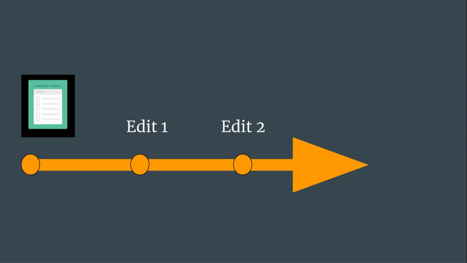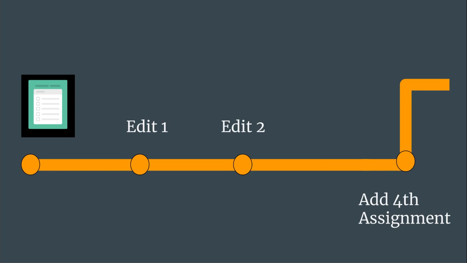Now here's where it gets interesting. Suppose that as we go along, somebody decides it would be a good idea to add a fourth assignment to our class. Normally in a Google document or something like that, everybody would have to decide beforehand what the fourth assignment might be and what it would look like, maybe we want an outline, and we'd have some discussion, and then we decide whether or not to add the fourth assignment.